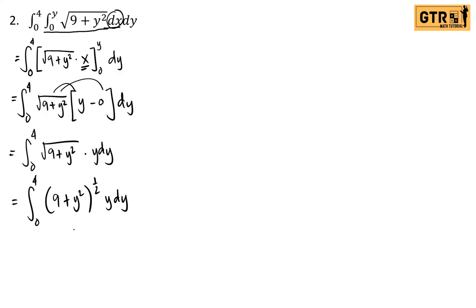Okay, so pwede natin gamitin ang u to the n du. We can use u to the n du. Our u here is the base, 9 plus y squared. So our du will be differential of 9 is 0, differential of y squared is 2y dy. So we just have a neutralizing factor of 1/2.